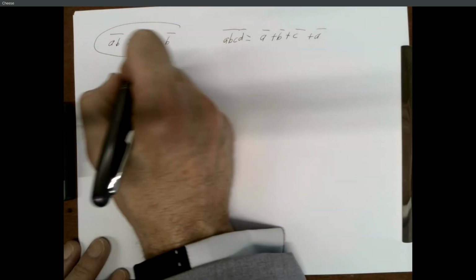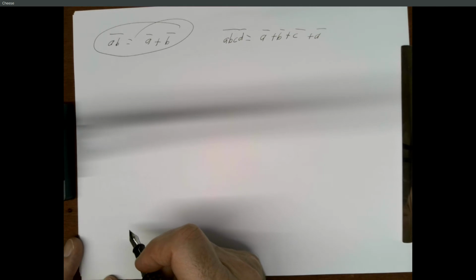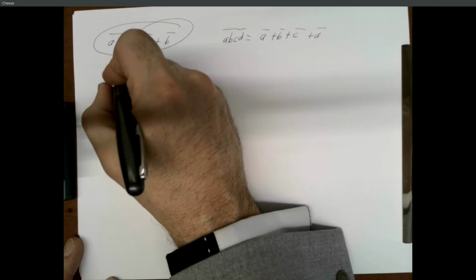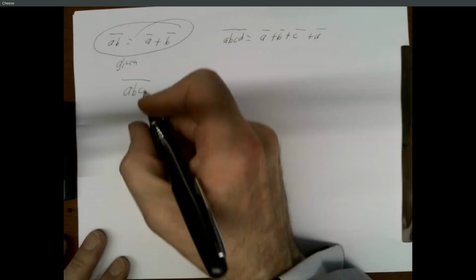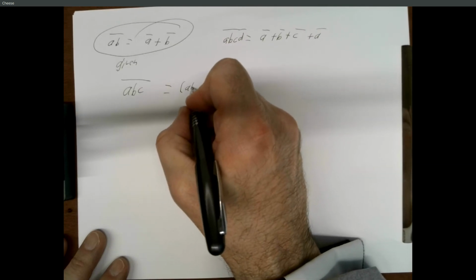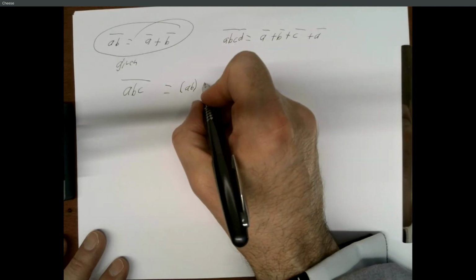And we can prove that. So let's prove it for 3 elements. Let's suppose we know De Morgan's theorem for 2 variables. Given this, let's find what this is equal to. A ANDed with B ANDed with C, all the complement of it, is also this one thing AB ANDed with this thing C, all complemented.